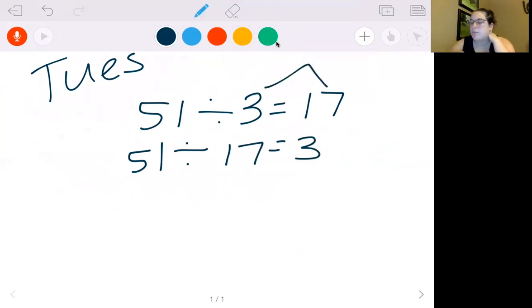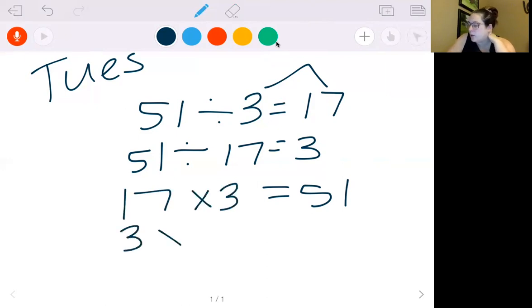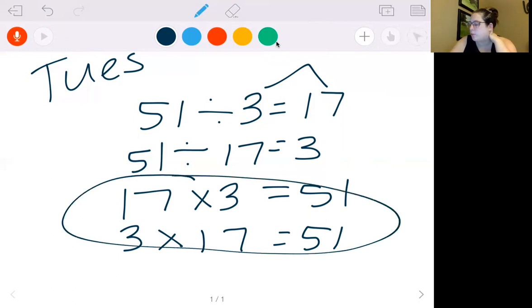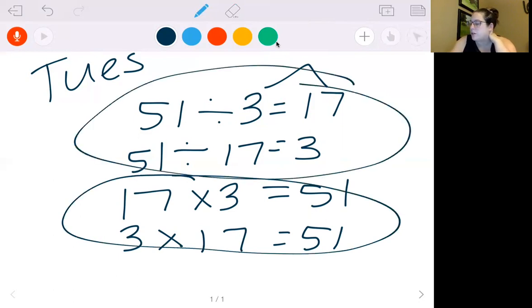All I did was flip-flop these two. Then for multiplication facts, remember 51 is going to have to be the bigger answer, so the product. And then I can say 17 times 3 equals 51, or 3 times 17 equals 51. It doesn't matter. They're all the same. So these are your two multiplication facts, and these are your two division facts that go together.